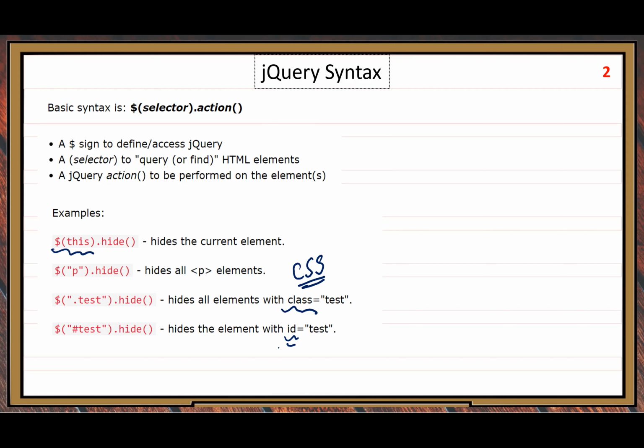In these examples, we use the hide function. This is a jQuery function. In our regular JavaScript, we don't have this function, hide, but in jQuery, we use it. You can see we hide this element.